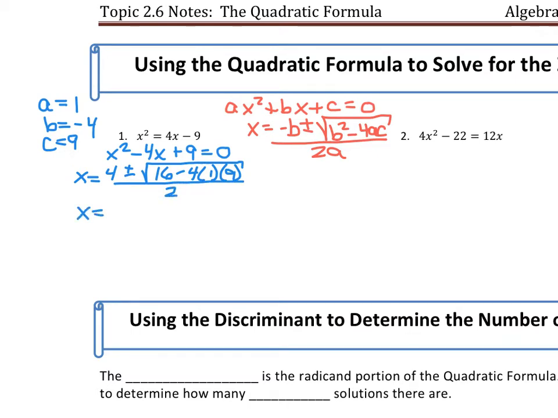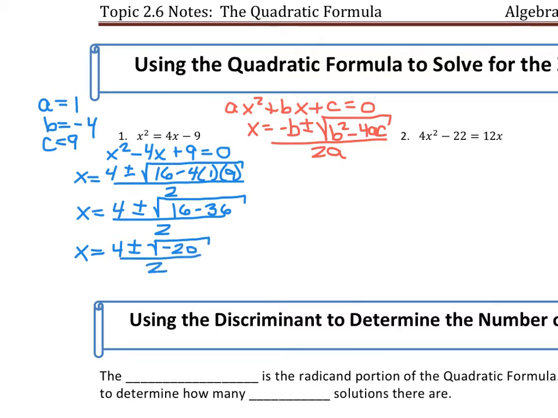X equals +4 plus or minus the square root of 16 minus 36, all over 2. X equals +4 plus or minus the square root of 16 minus 36, which is -20, all over 2. Hopefully you are seeing that we're going to expect complex solutions here.